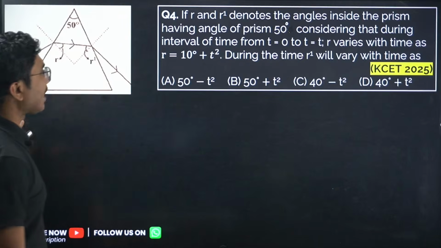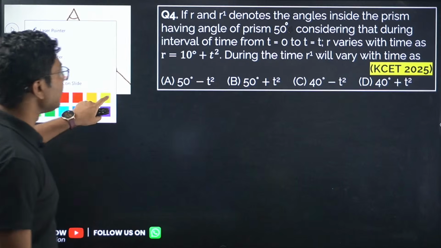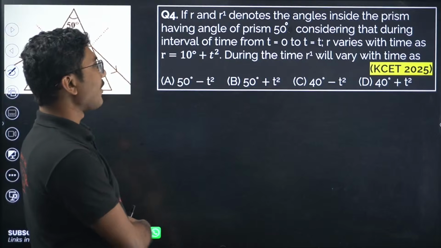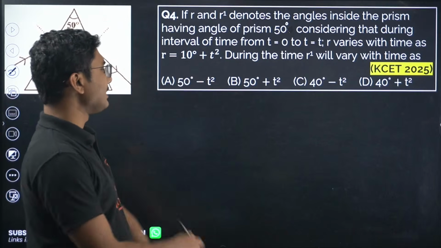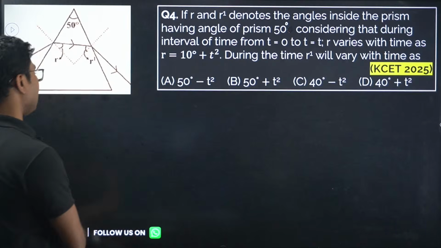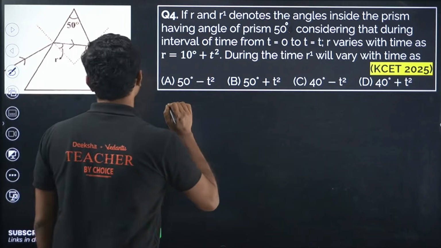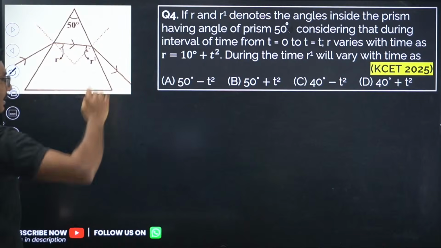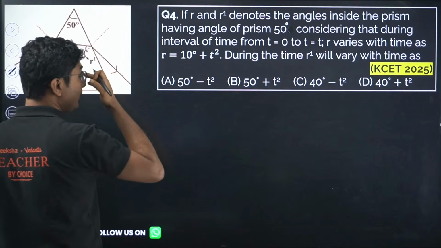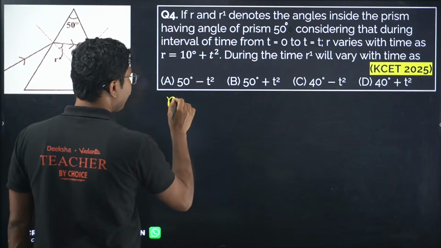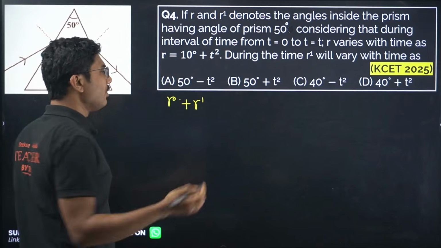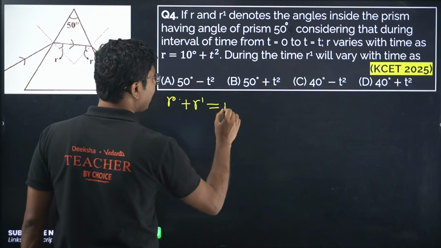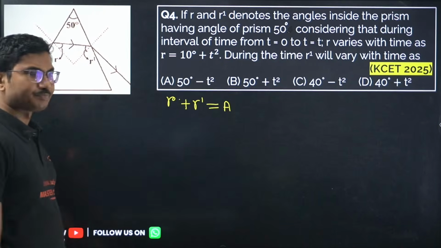So if R and R1 are the angles inside the prism having angle of prism 50 degrees, considering that during the interval of time from t equal to 0 to t equal to t, R varies with time as 10 degrees plus t square. During this time R1 will vary as, so we know that for a prism, the relationship between R and R1 is that if you add them up you get the angle of the prism.